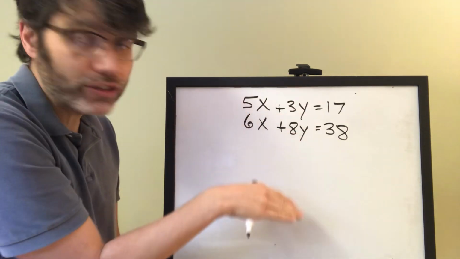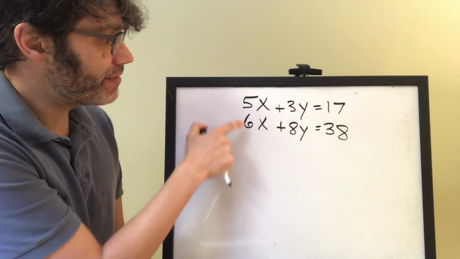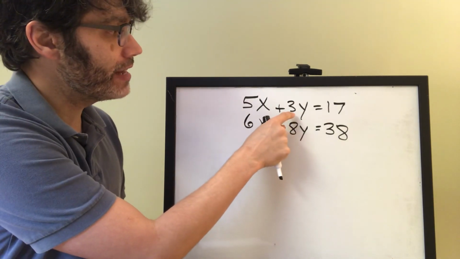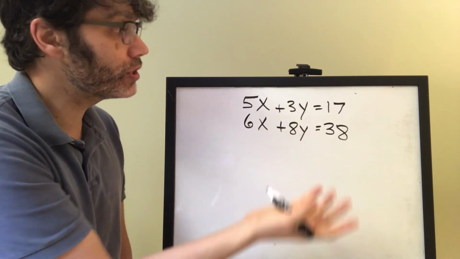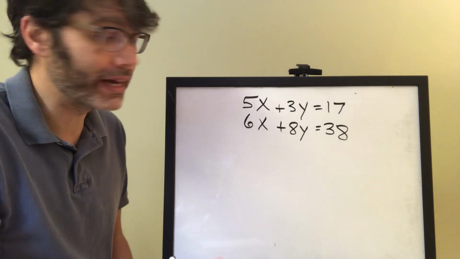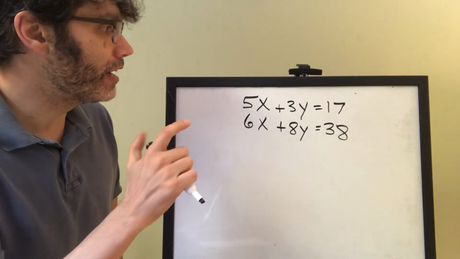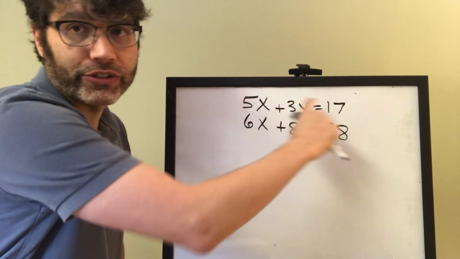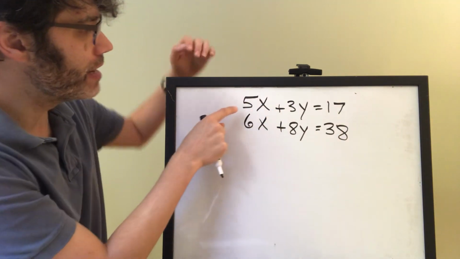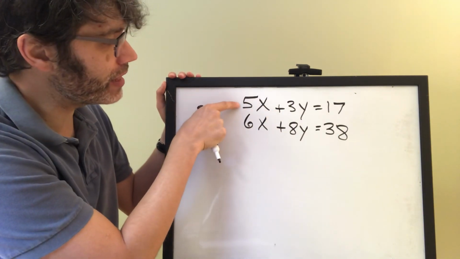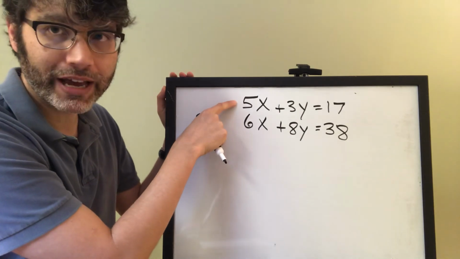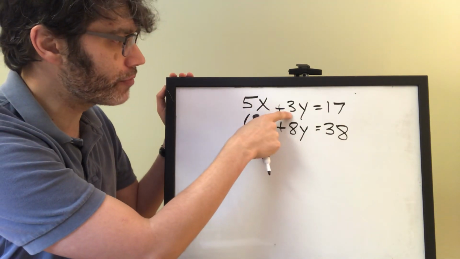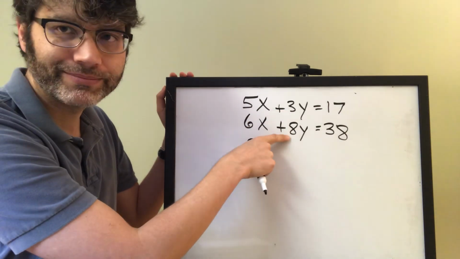If I added these two equations together, 5 and 6 is 11x. x didn't drop out at all. If I added 3 and 8, that becomes 11y. That didn't drop out. And unfortunately, I can't multiply just one of the equations through by a number, because there's nothing that I can multiply 5 by to create a negative 6, and there's nothing I can multiply a 3 by to make a negative 8.